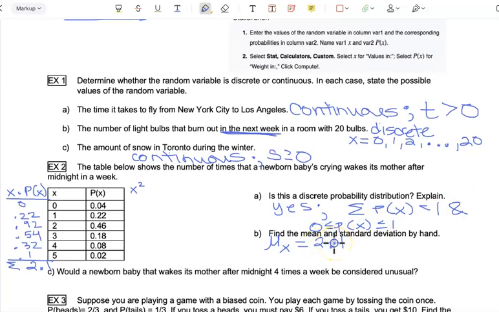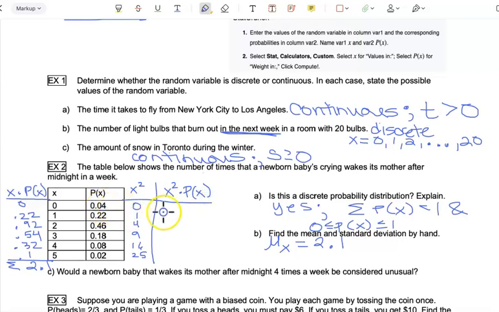So first thing I'm going to do is fill out my x squared column, which of course you don't need a calculator for. 0 squared is 0, 1 squared is 1, 2 squared is 4, 3 squared is 9, 4 squared is 16, and 5 squared is 25. So we've got all our x squareds. Now I'm going to make a column for the x squared times p of x's.